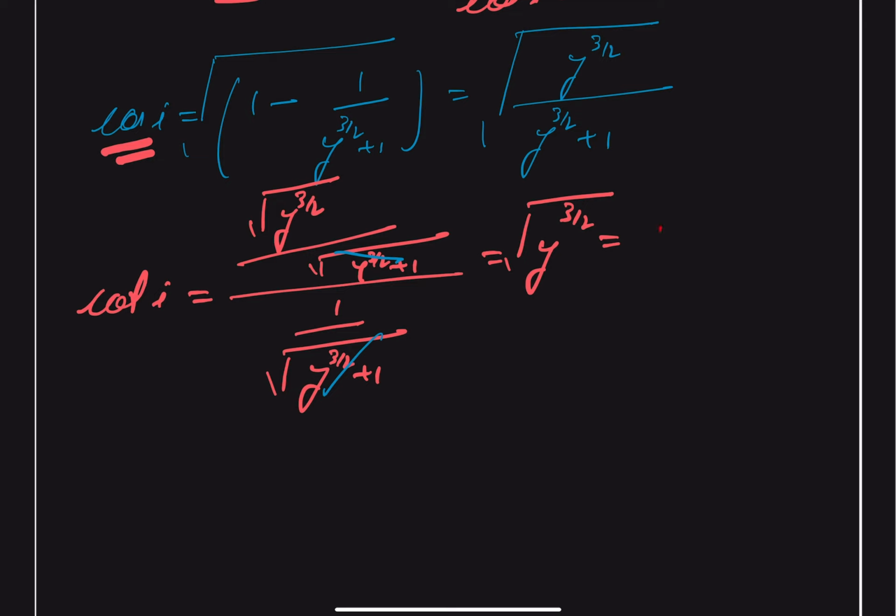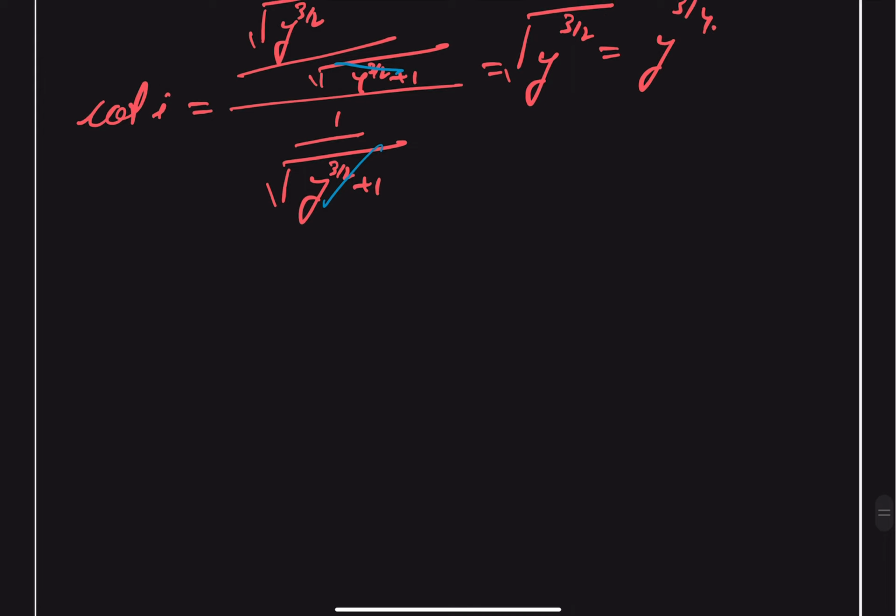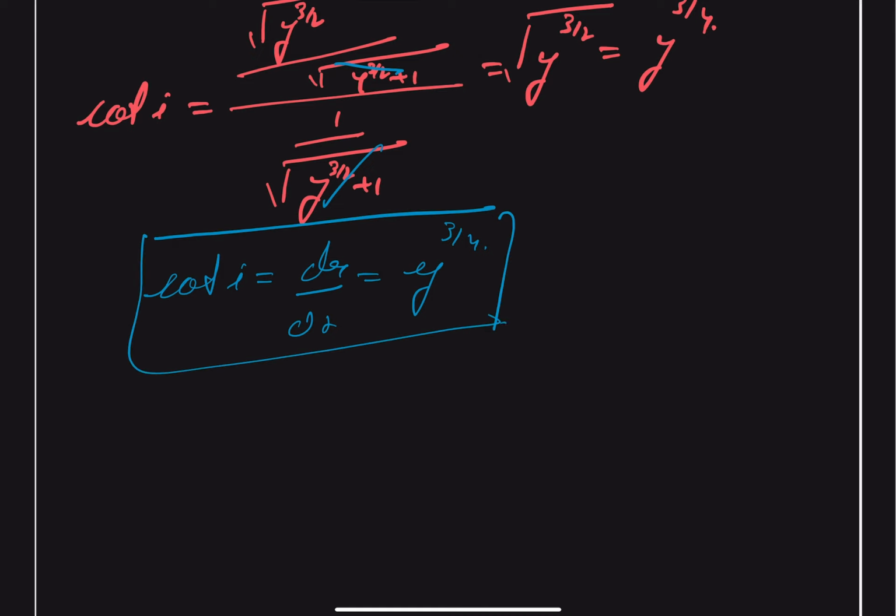This gives us y raised to power 3/4. Therefore, we know that our cot of I, which was equal to dy by dx, is equal to y raised to power 3/4. And we can further solve this differential equation.